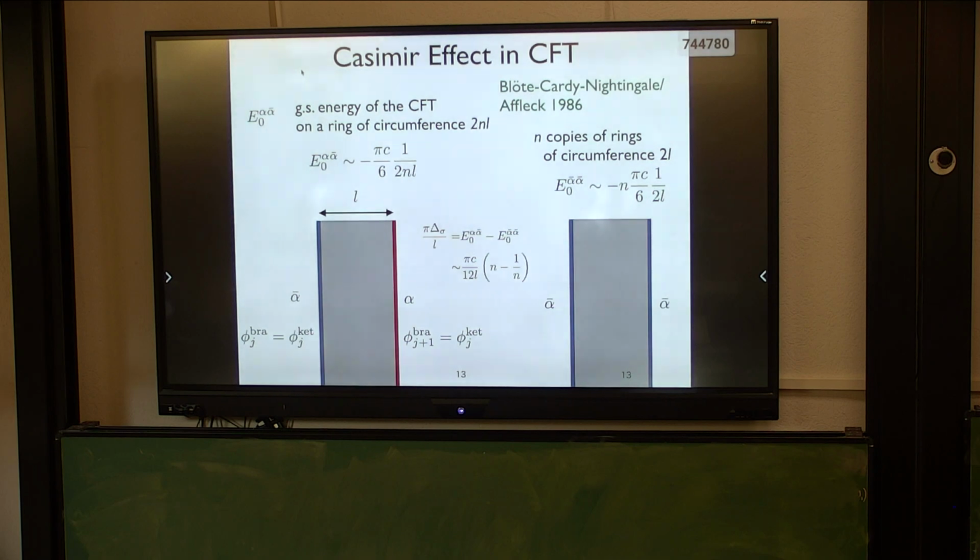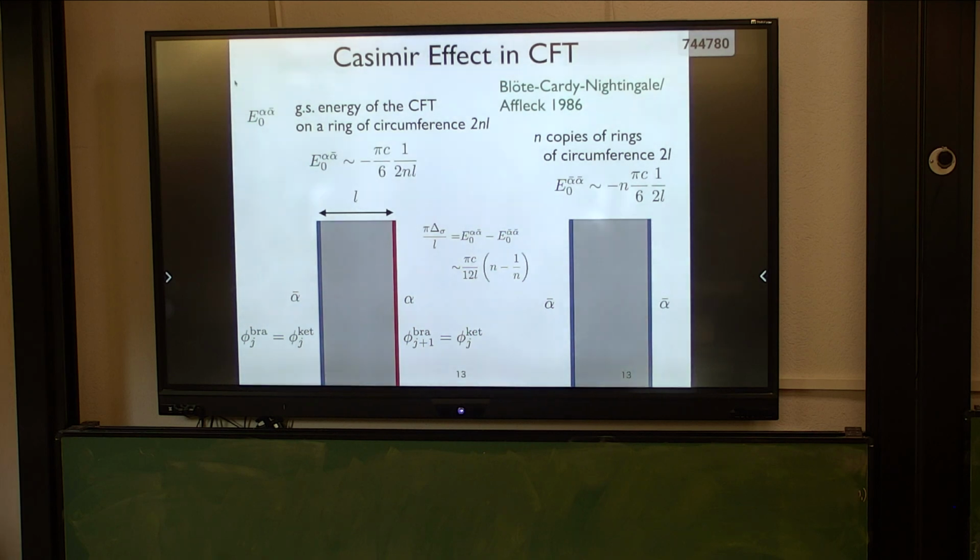Then reflected back, you reach the right boundary. Then phi 2 ket is now connected to phi 3 bra, and so on. So you trace the field and go back and forth between the two boundaries. And every time you bounce back, you are switched to a different component. But for this combination, starting from any choice of component, you eventually are connected to all the components.